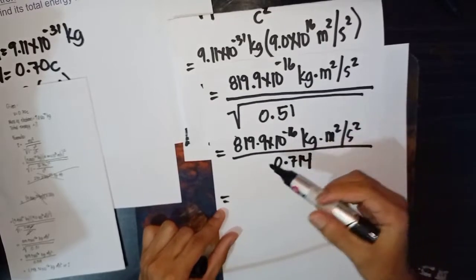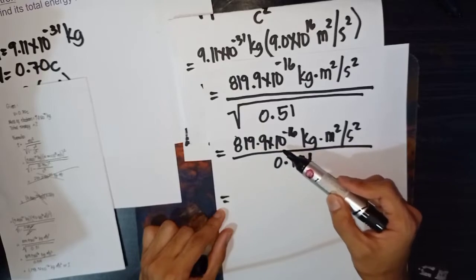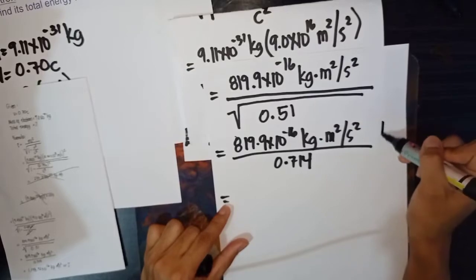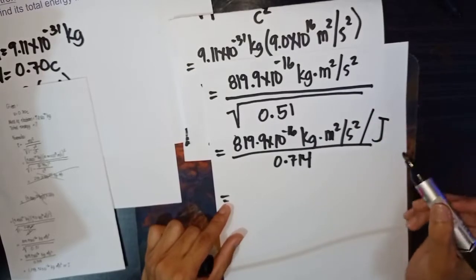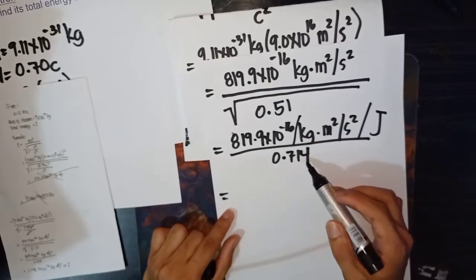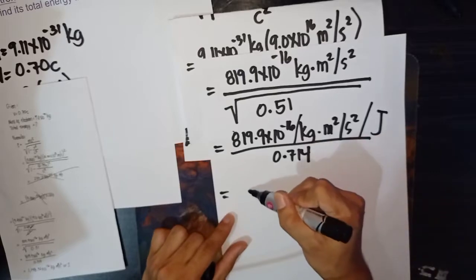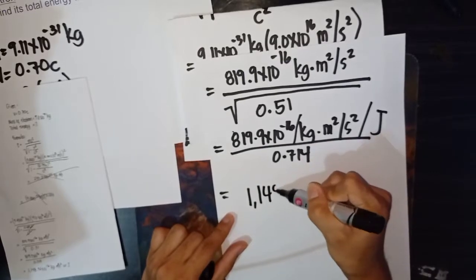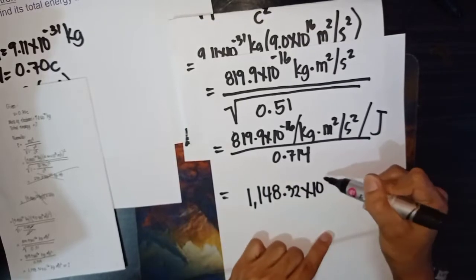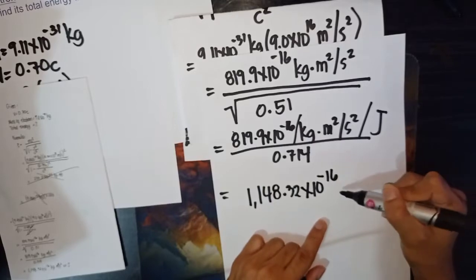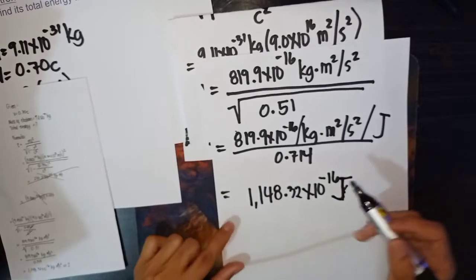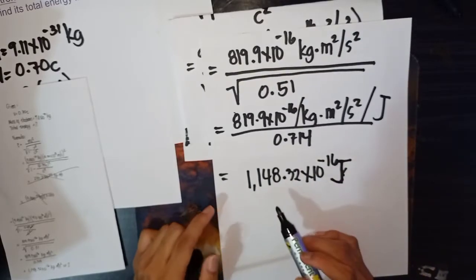So let's divide 819.9 times 10 raised to the power of negative 16 joules by 0.714, which is equal to 1148.32 times 10 raised to the power of negative 16 joules. Now we have our relativistic energy.